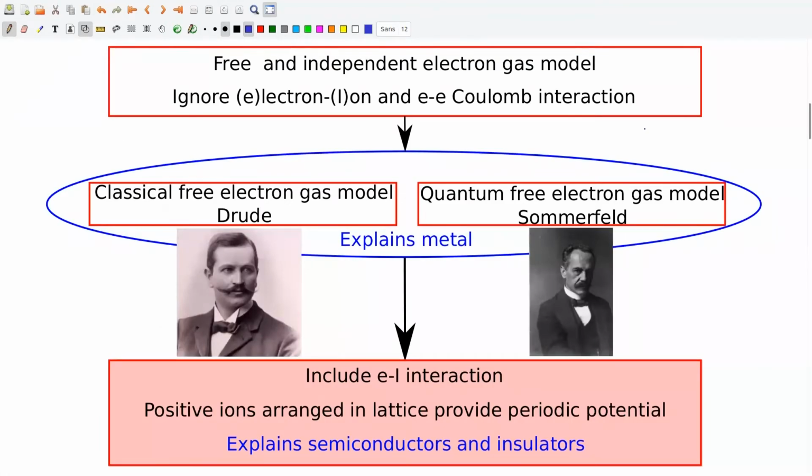After learning the concept of real and reciprocal lattice, let us get back to our discussion on electronic properties of solids. We have discussed free electron theory in great detail and realized that there are certain anomalies which cannot be explained even at the level of quantum theory. Thus, we decided to include electron-ion interaction.